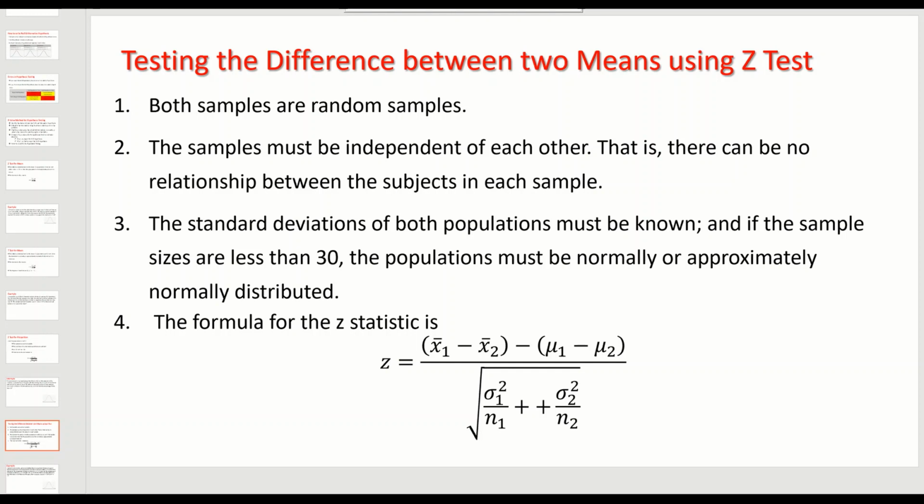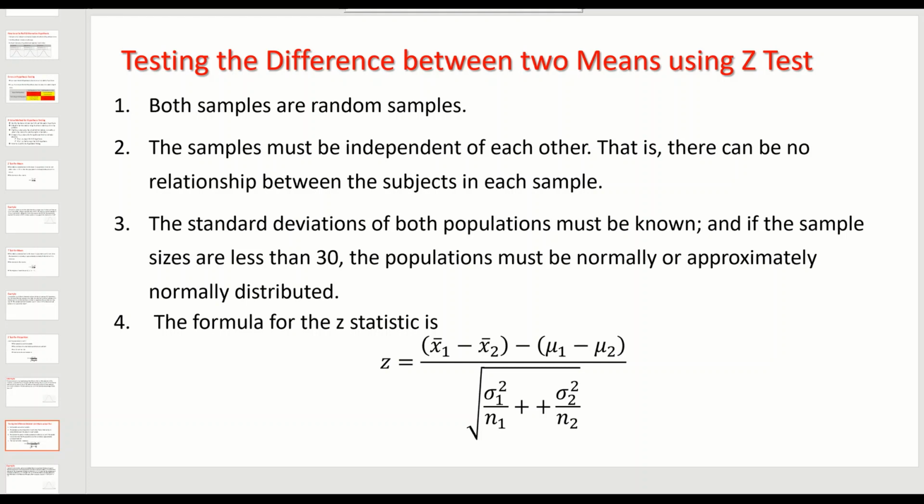Meaning, you have two different samples taken from two different populations, and if the sample sizes are less than 30, both populations must be normally distributed or at least approximately normally distributed.